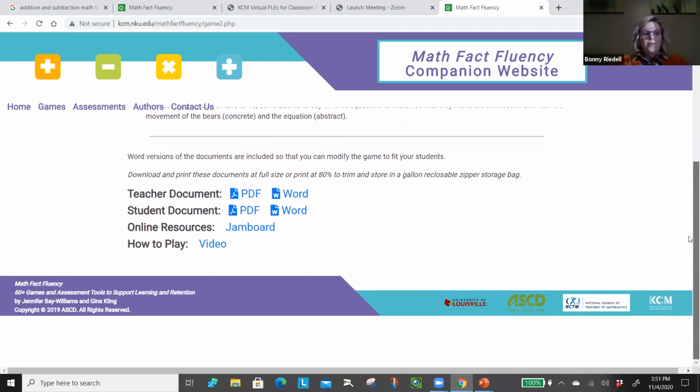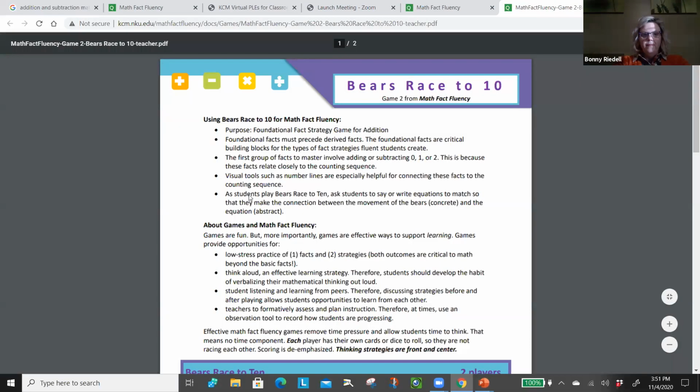And then as you scroll down, you'll see the teacher document, and we've provided a PDF and a Word document. We know that sometimes you need to adjust it a little bit, so you might need to put your kids' names on it or whatever you need to do. So we provided a Word document as well, so you can change it as needed. But we'll just open up the PDF teacher document, and it leads you right to the game.